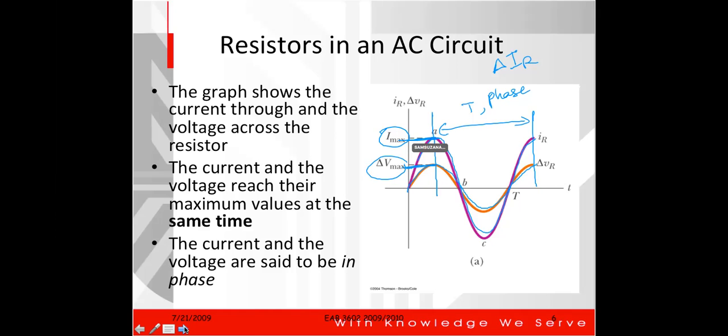Imax ada magnitude dia sendiri, tapi bila kita lukis the phase adalah sama. So the current and the voltage reach their maximum values at the same time. Maksudnya they are said to be in phase. Okay. So current dengan voltage dia are in phase untuk AC punya circuit, kalau dia ada resistor saja kat dalam circuit tu.